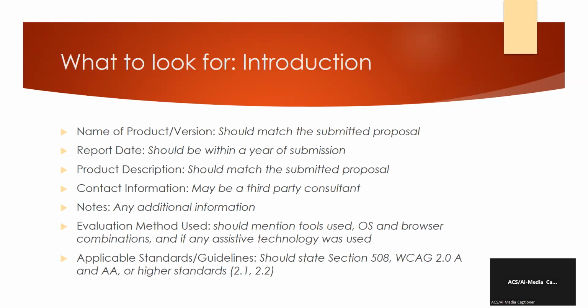So the evaluation methods used, they should always mention what tools were used. So you'll see things like WAVE or DQ's X program, or something like Siteimprove or PowerMapper, any kind of automated tool. But we're really looking for other things as well, such as manual testing, what manual tests were conducted, if they used a screen reader or any other assistive technology, and then things like different operating system and browser combinations.